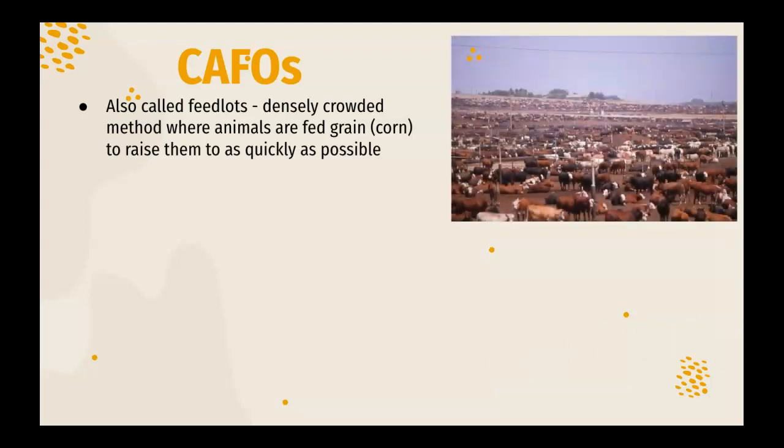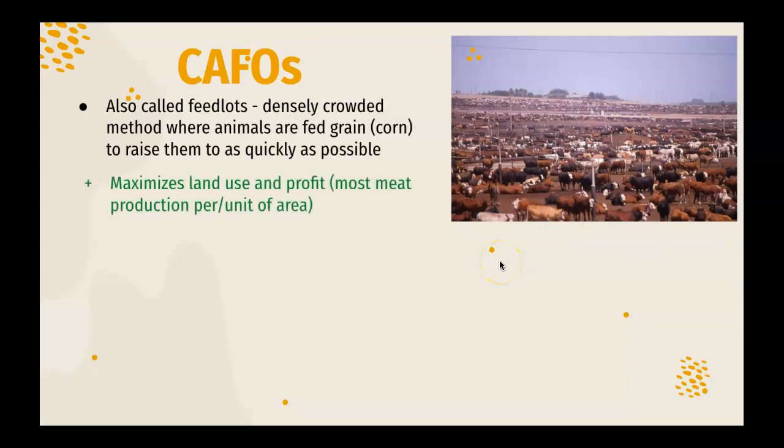So this is just an example of where cows are being raised in a feedlot here. You might raise them in this feedlot, one, because it's going to maximize land usage.